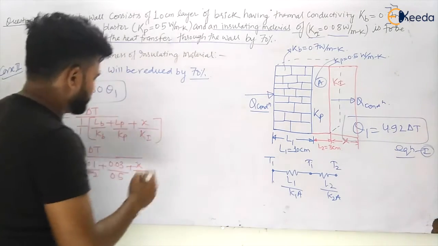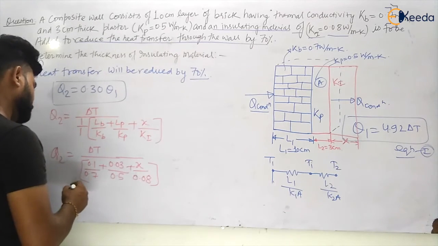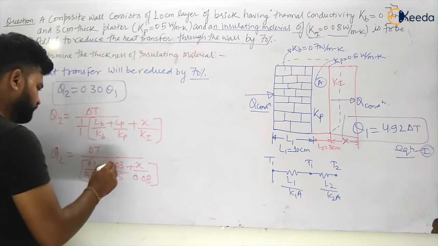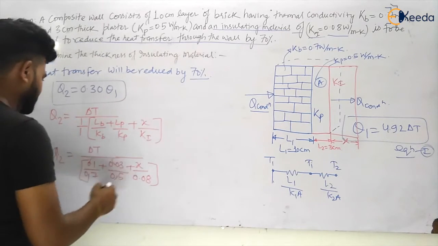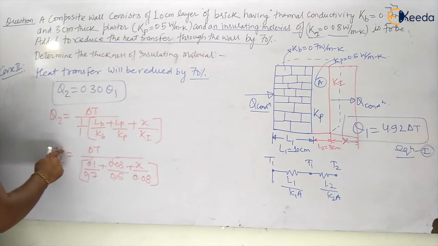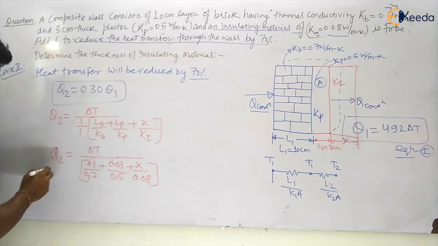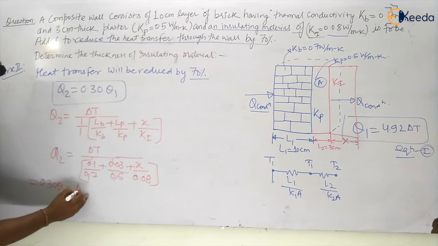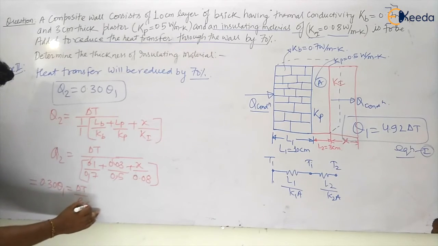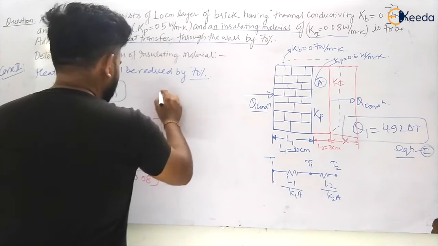What is K insulation? 0.08. So Q2 is equal to 0.30 Q1, which is equal to delta T by R effective. Okay guys, what is Q1? We know it already.